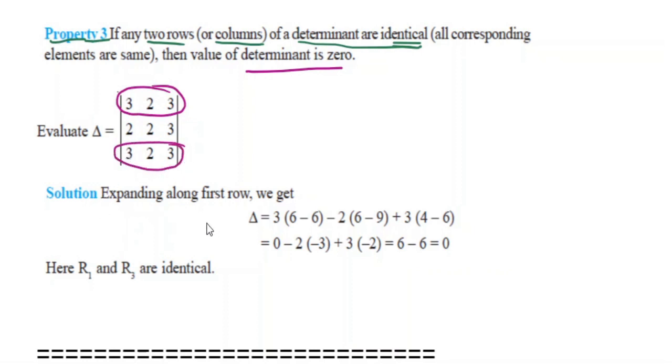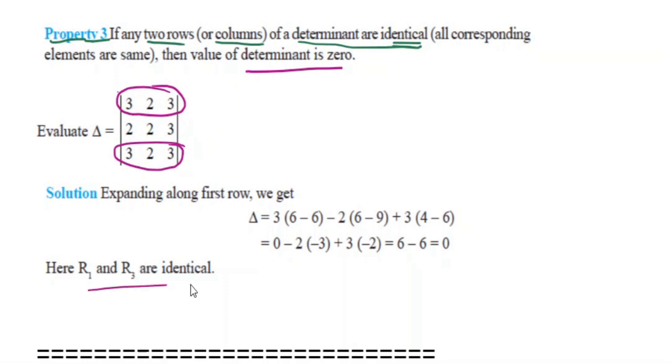And when we expand the first row, we get 3 of 6 minus 6, and so on, that is equal to 0. Since this is also equivalent to this one, when you identify this and proceed, you will get the same result.